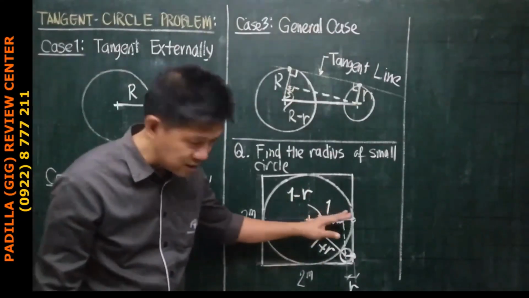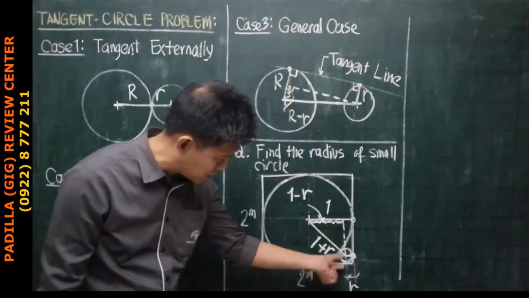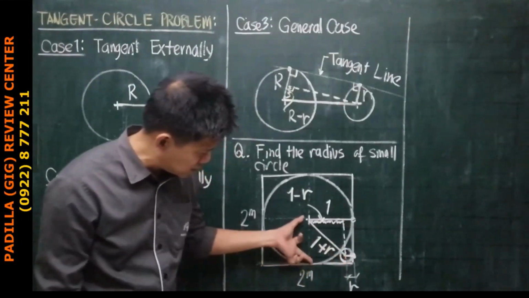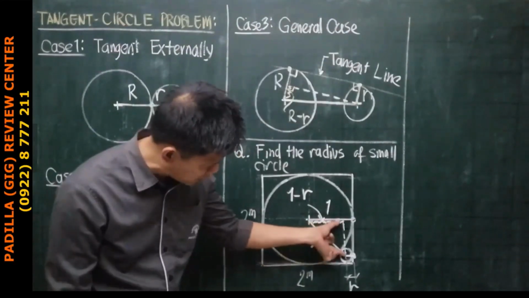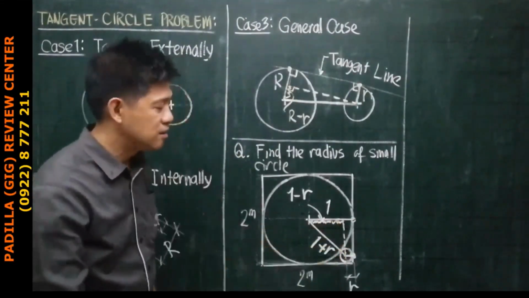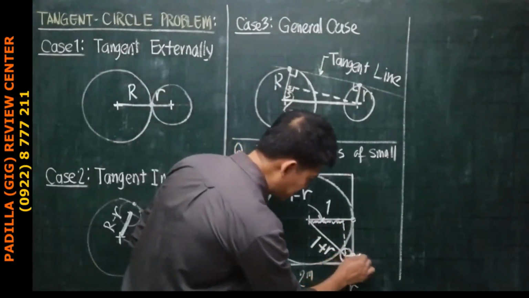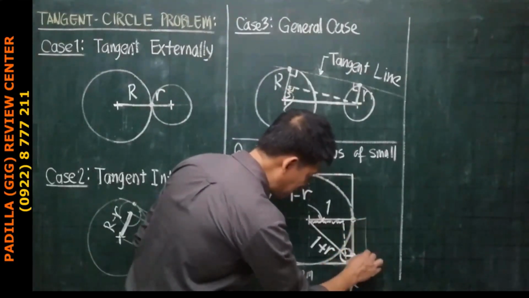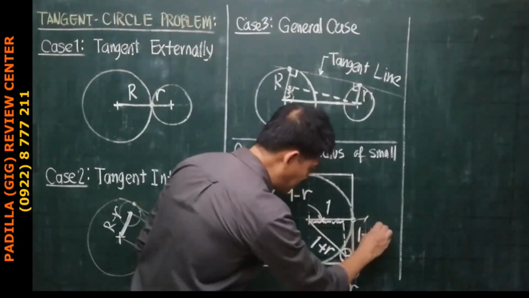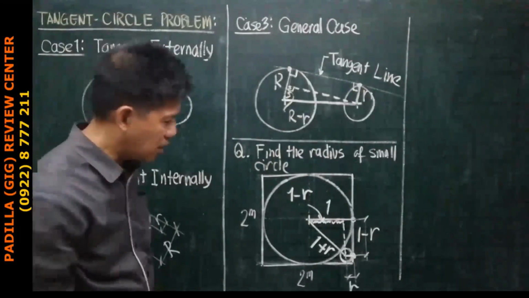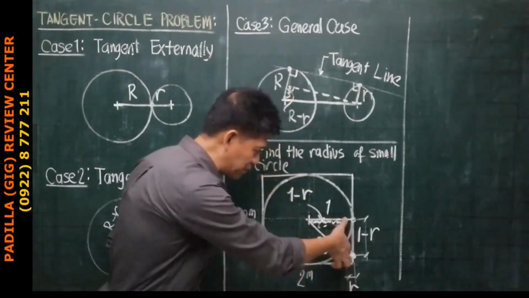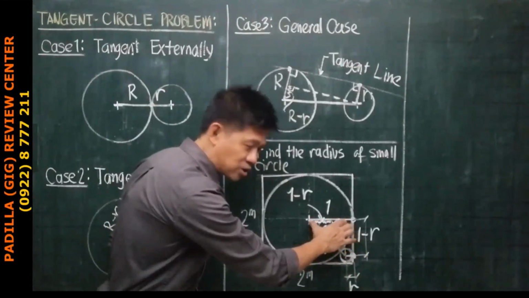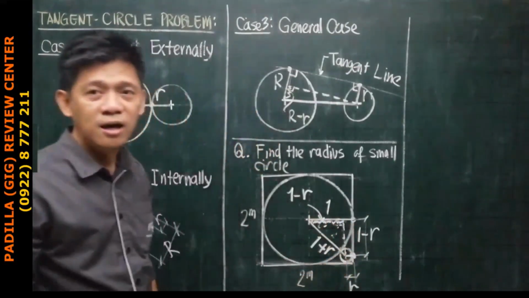Now, using that concept on this side also, this is small r, this is 1. If this is small r, this is 1, then what is this? This is also 1 minus small r. So, considering this right triangle now, this is 1 minus r, this is 1 minus r, this is 1 plus r.